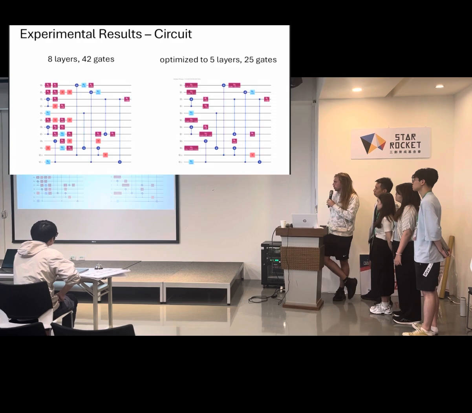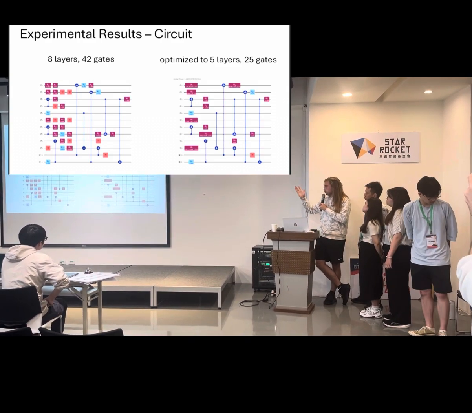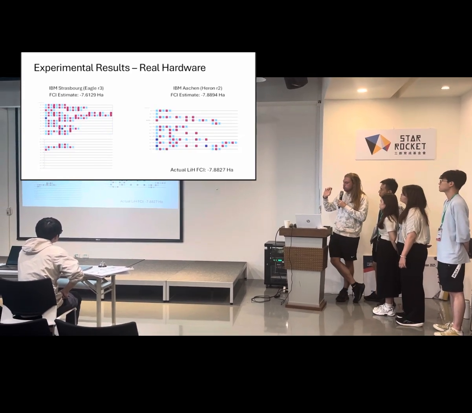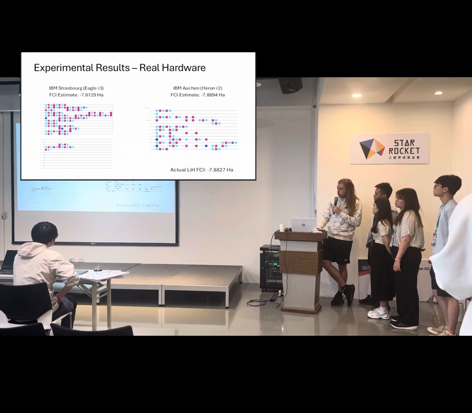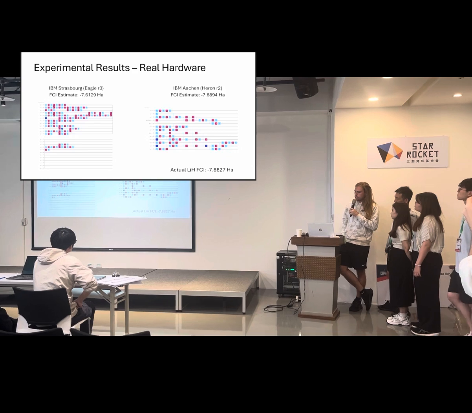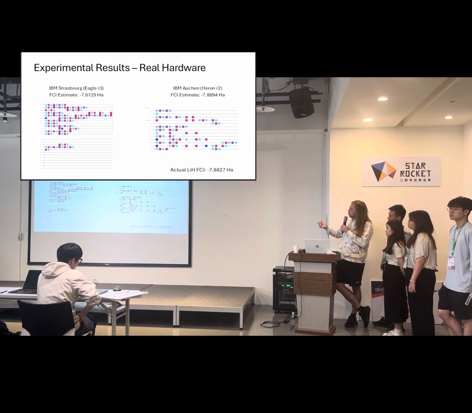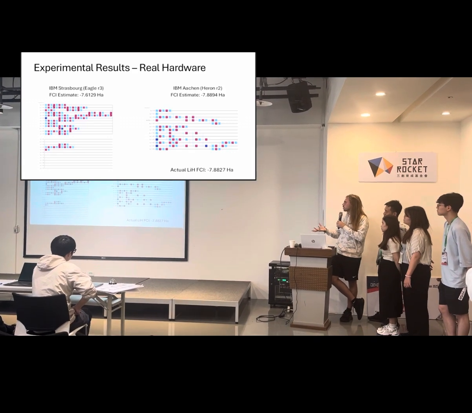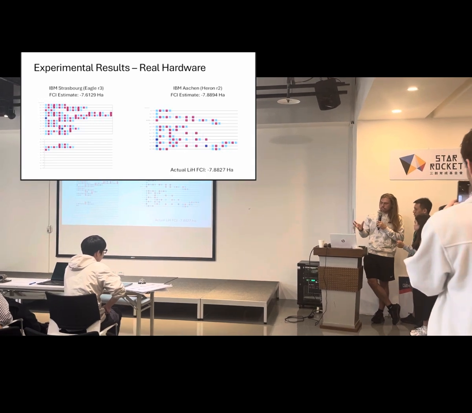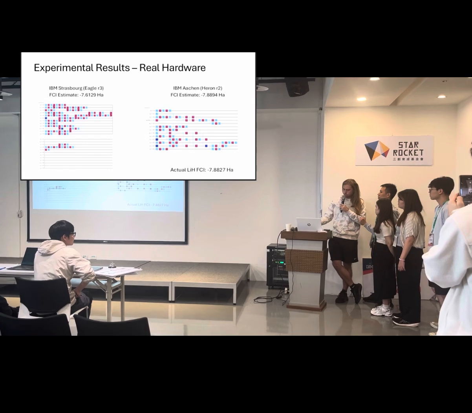It is an 8-layer, 42-gate circuit, which could be optimized using the transpiler down to 5 layers and 25 gates. We ran it on two IBM machines, Strasbourg and Aachen, with the Eagle and Heron architectures. We got results that are relatively similar to what we were seeking, confirming that it is plausible to use this method on real hardware as well.